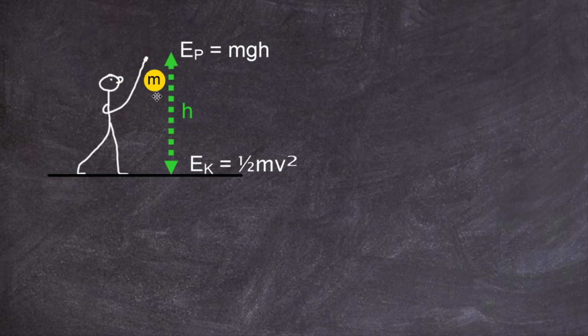If the ball is allowed to fall back down to the ground, then just before it strikes the ground, all that gravitational potential energy will be changed into kinetic energy. So both of these expressions should be equal. So we should have this situation here. We should have the gravitational potential energy equal to the kinetic energy at the bottom.